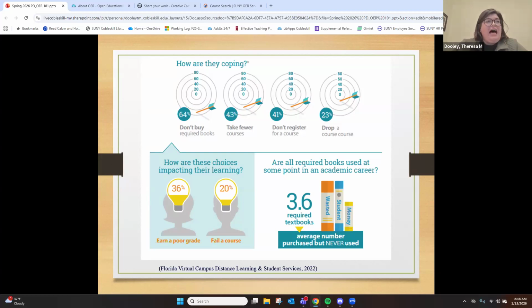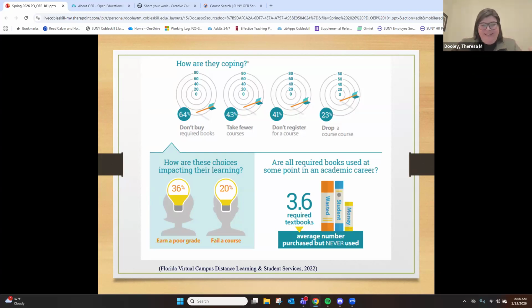So 64% of those students surveyed said they don't buy the required textbooks. 43% said they're going to take fewer classes so they can actually afford the course materials. 41% will actively not register for a course, and 23% are actually going to drop it. All right.